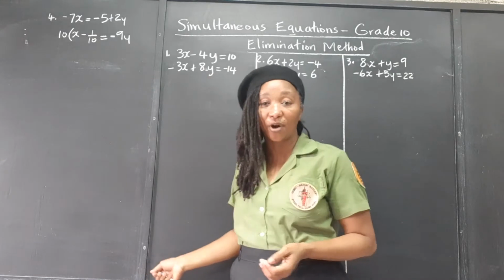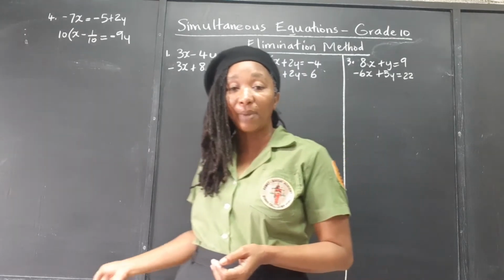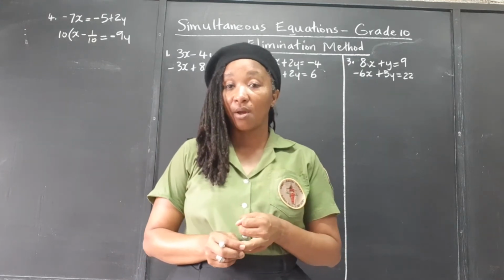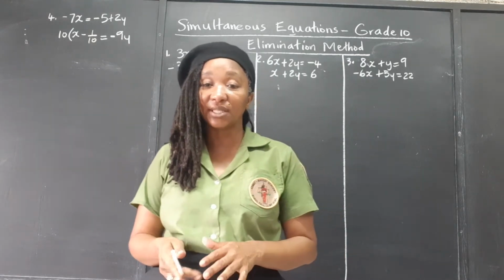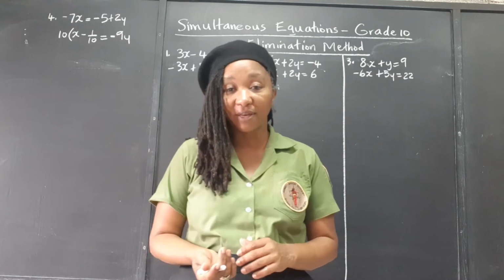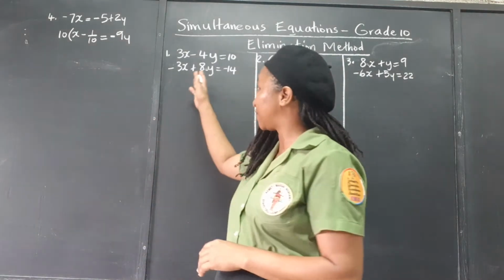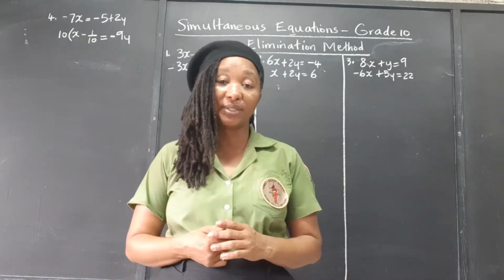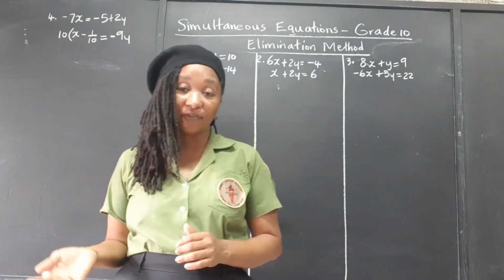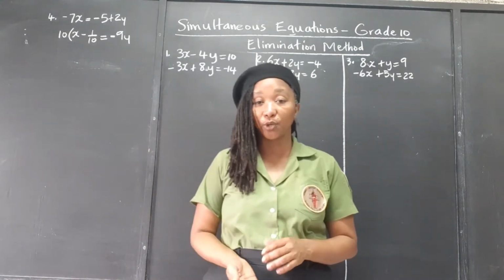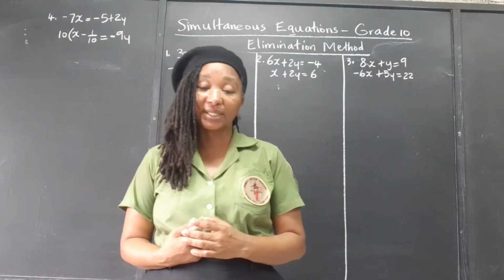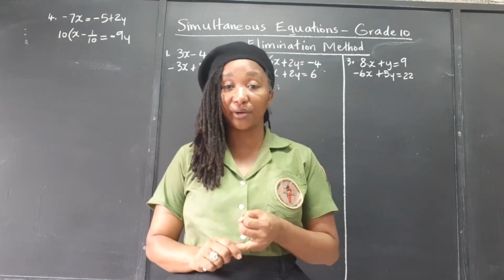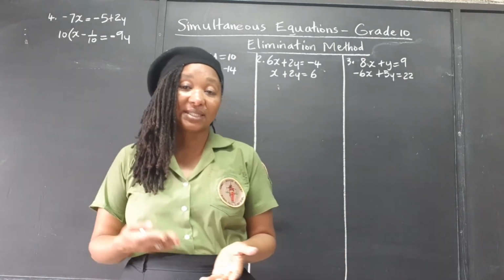So at the end of our problem, by the time we have gotten a solution, actually two solutions, we have solved both equations and we have solved for both variables. And it doesn't have to be x and y, it can be any letter or any symbol used to represent the missing number, right? So we use a variable to represent them. We're solving two equations at the same time and solving for two variables. That's how we come up with simultaneous.